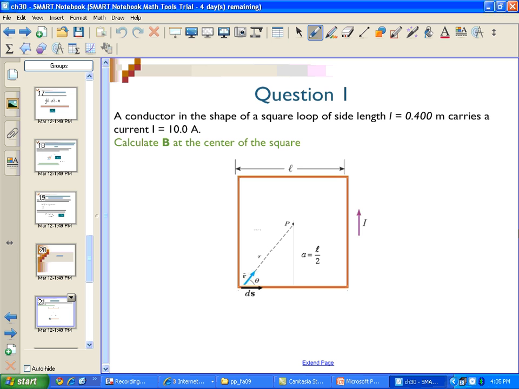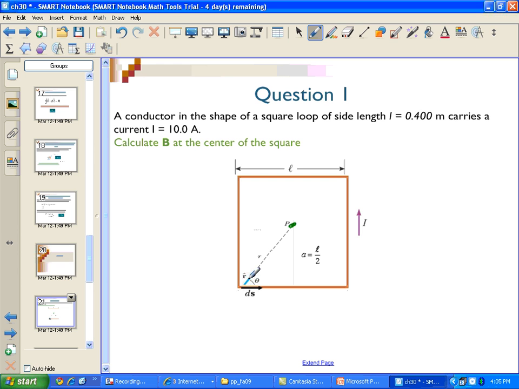Well, let's see. What we can do is approximate each side to determine the magnetic field that side contributes at the center of the square. So here's the center of the square.